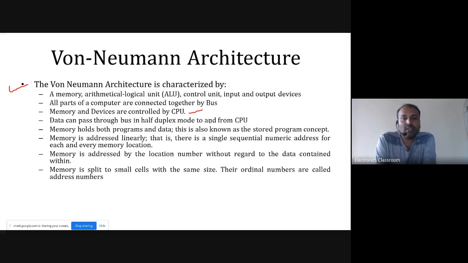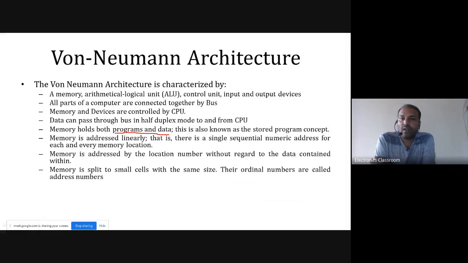Full duplex means I can do data communication in both directions simultaneously, but half duplex means only one at a time. Memory holds both program and data. This is an important characteristic of von Neumann: it can hold both program as well as data.